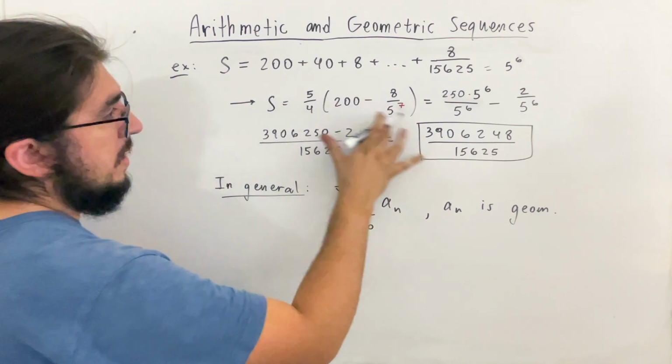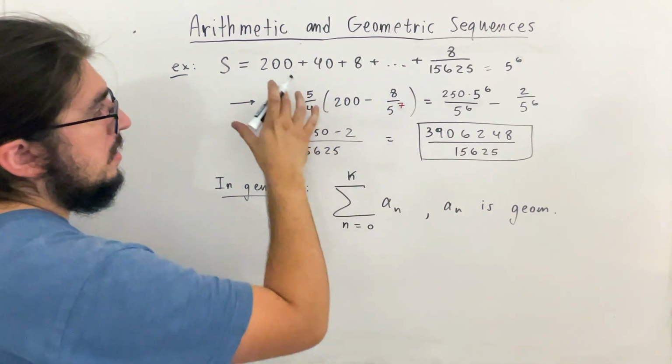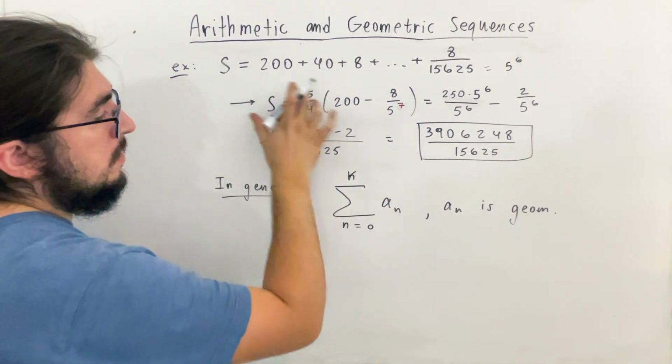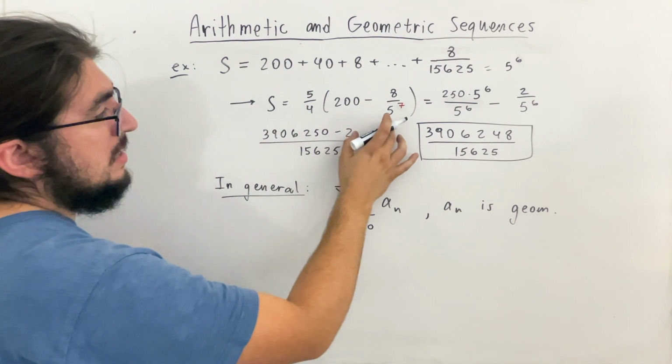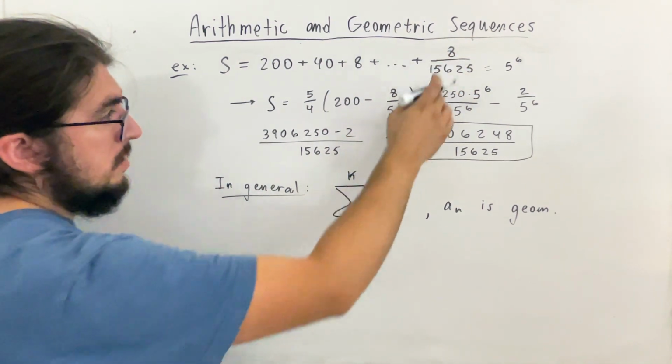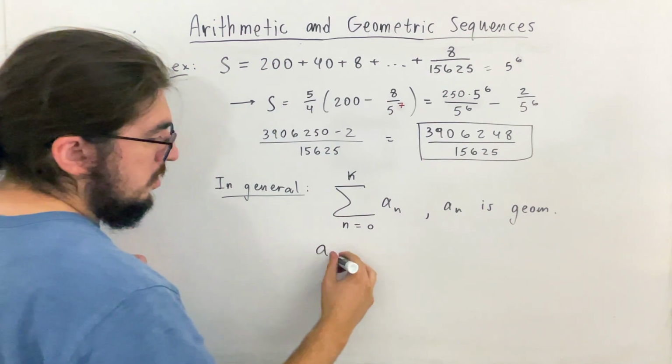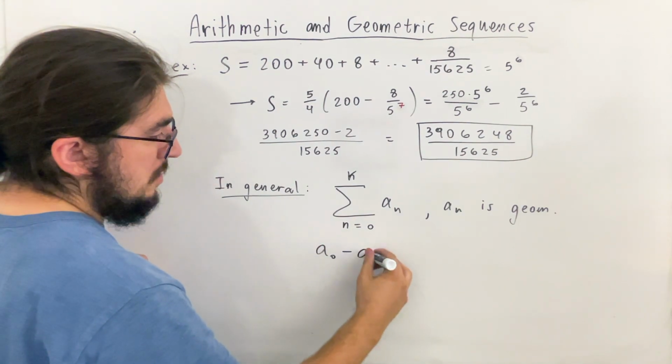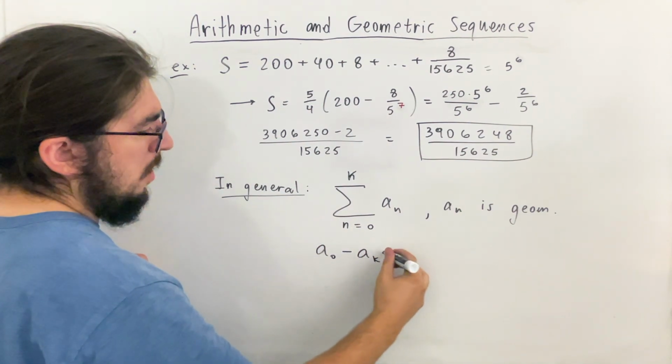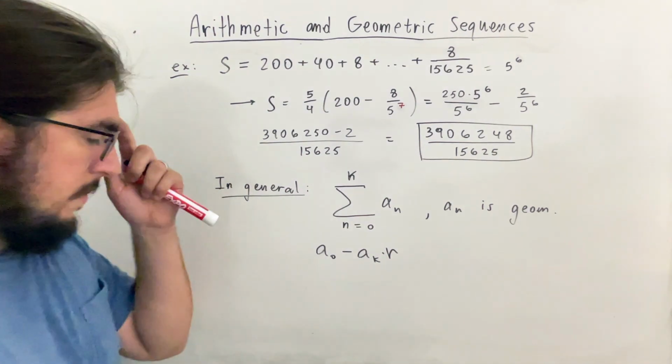so let's see if we can kind of feel it out here a bit. So it's going to be the first term minus the last term. So first term, a0, minus the last term times r. Okay?